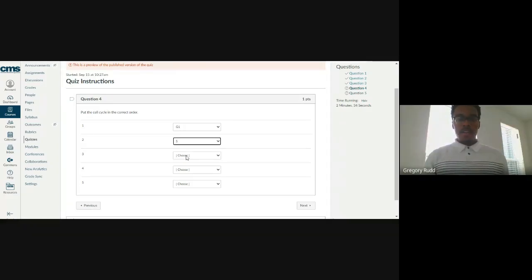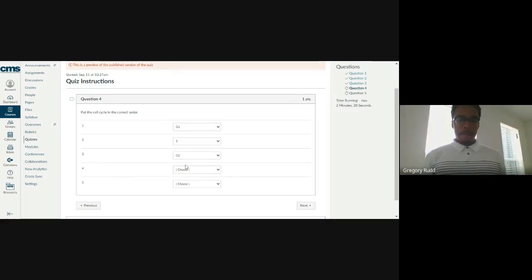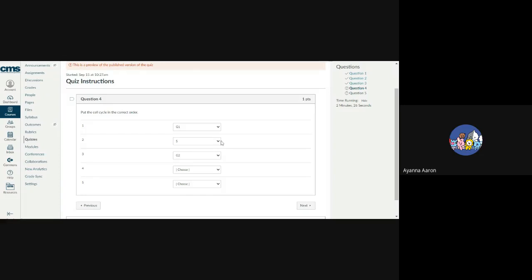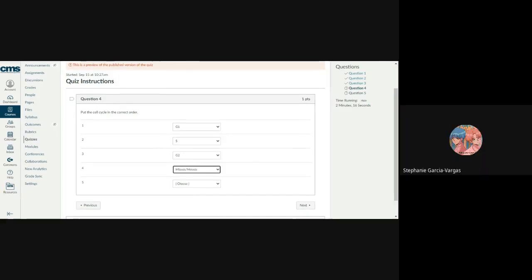Excellent. In this case, we just have S. Then the third one is G2. Good. I think the fourth one is mitosis. Excellent. And then the last one? Cytokinesis. Yes, good.